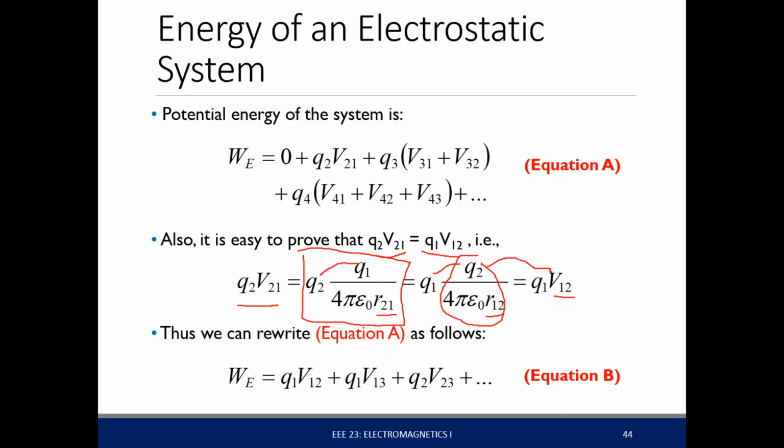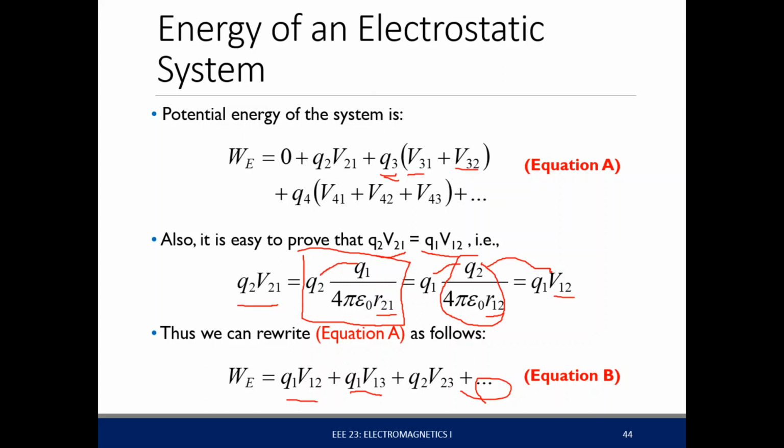Thus, we can write equation A as follows. This Q2 V21 is equal to Q1 V12. This Q3 V32 is equal to Q2 V23. This Q3 V31 is equal to Q1 V13, and so on and so forth.